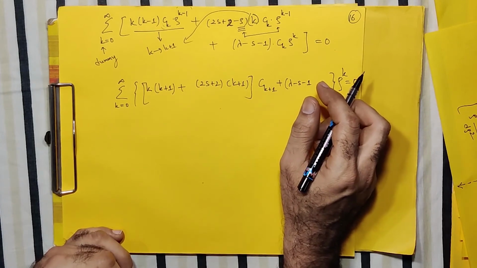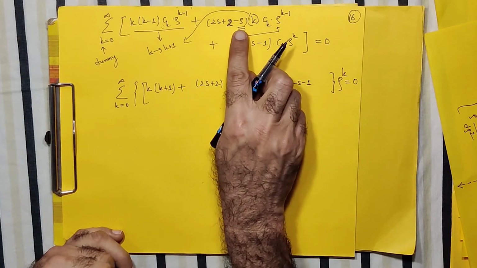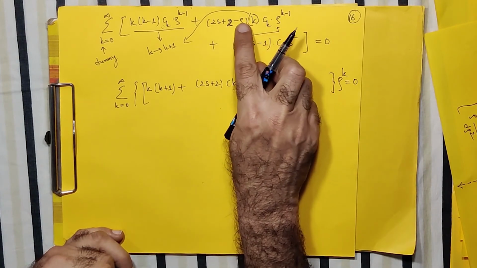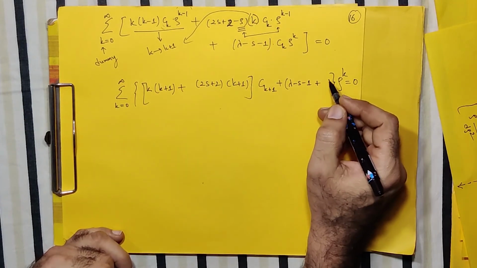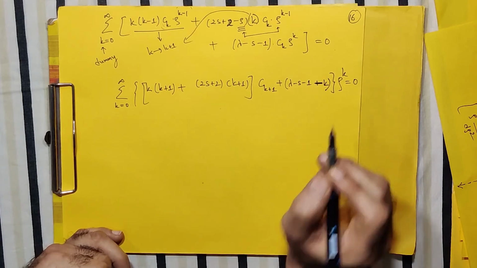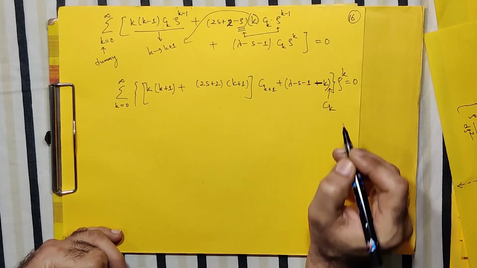Correct? So that rho part I can merge. Rho when it goes with this, it will be rho raised to k, and this k is multiplying. So what I have is plus, in fact minus, sorry. So it will be minus. And of course the ck coefficient.